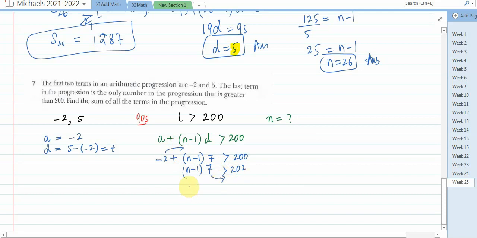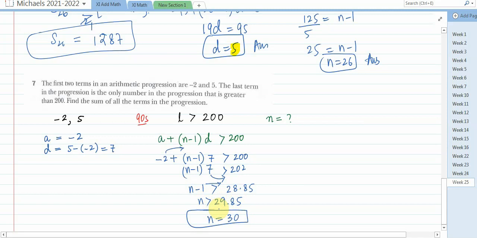So you can say that n minus 1 should be greater than 202 divided by 7, which leads to 28.85. Minus 1 when you shift to the right side, n is greater than 29.85. So the next value greater than 29.85 is n equals 30, because n should be greater than 29.85 and the nearest value greater than 29.85 is 30.